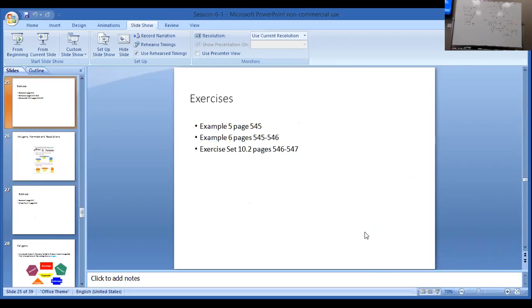Well, we did 545 already. Let's see, example. Actually, let's do example 5. We did example 6. In example 5, page 545, you have that triangle. It's a right triangle. The side C is the hypotenuse. We want to find that.